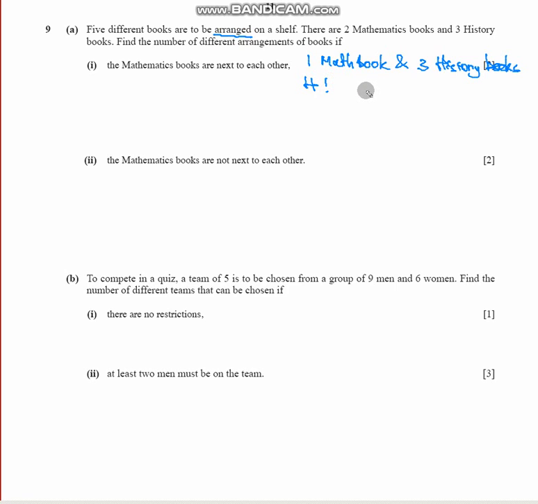Now in each of these permutations, for example, we pick one particular permutation. Let's say I have this history 1, history 2, this history 3.